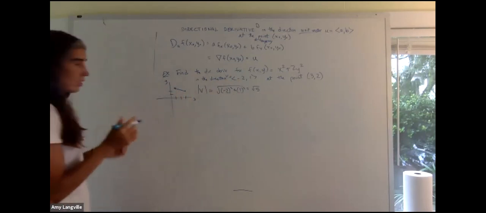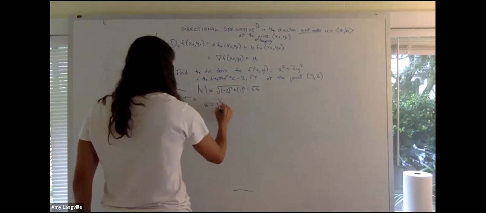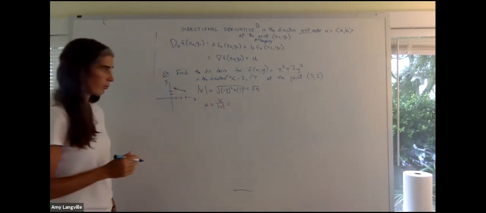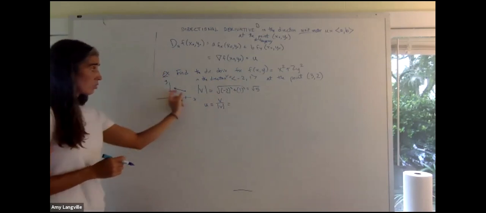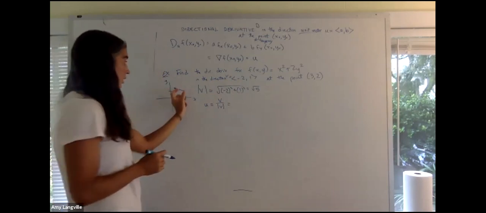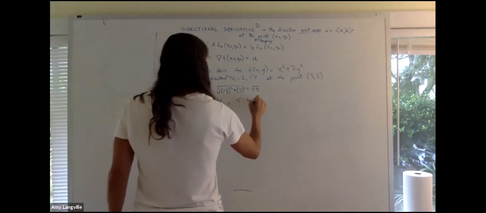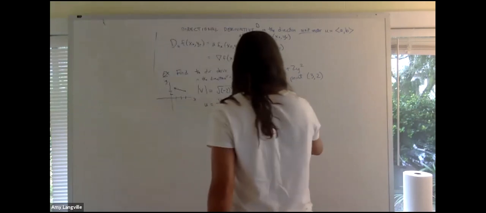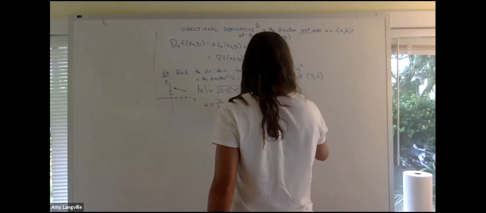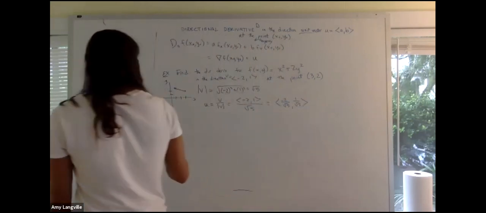So how do you shorten it? Well, to create u, the unit vector, you just take v divided by its length, right? That was, again, something from chapter 1. And it's going to point in the exact same direction. It'll just be the right length for us. It'll look like that. Let's go ahead and compute it. So it's going to be minus 2, 1 divided by the square root of 5, which is just minus 2 over square root of 5, 1 over square root of 5.